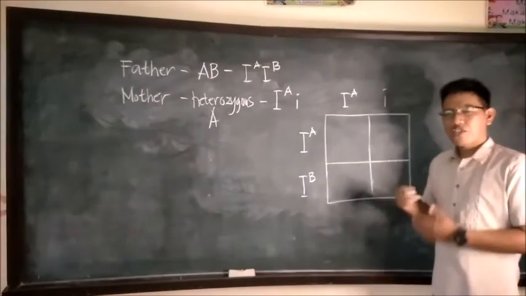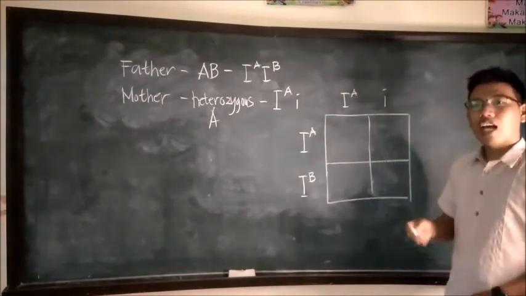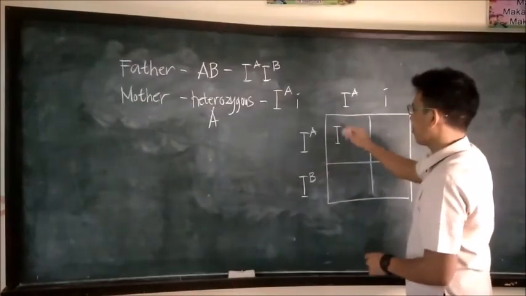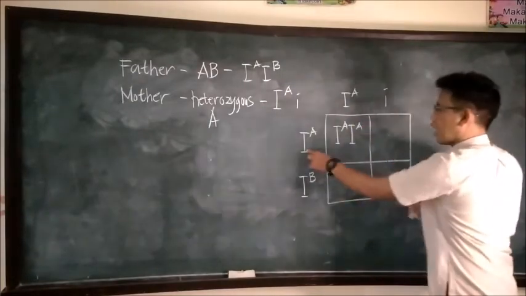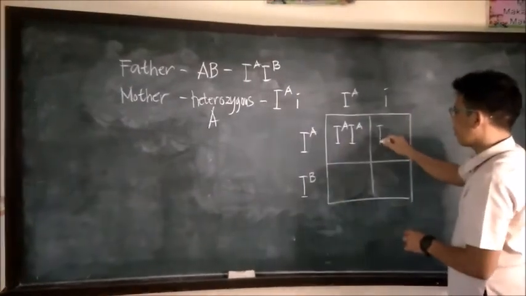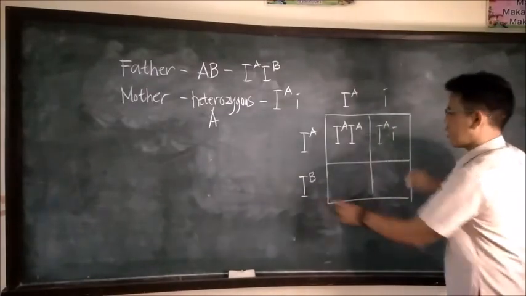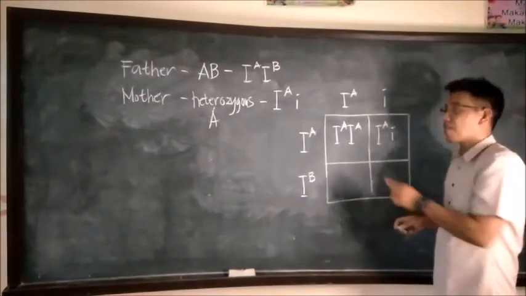So, the next step is to cross again, and again, arrange it alphabetically. IA, IA, IA, i, IB, and IA. But take note, you have to arrange it alphabetically.